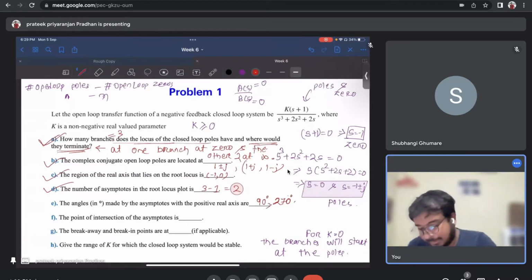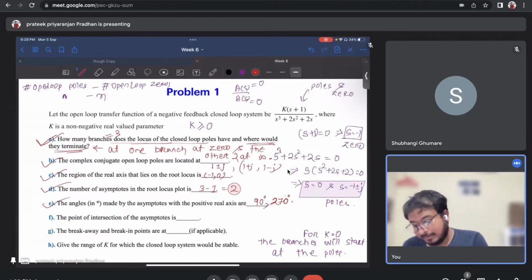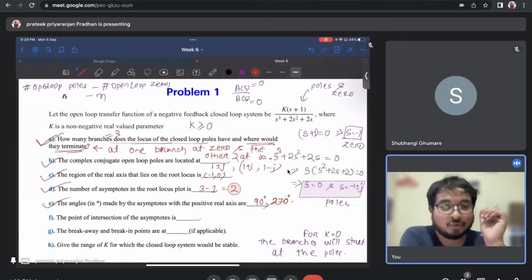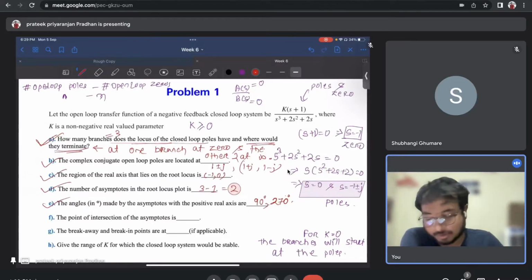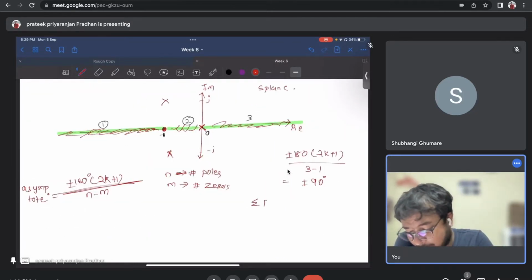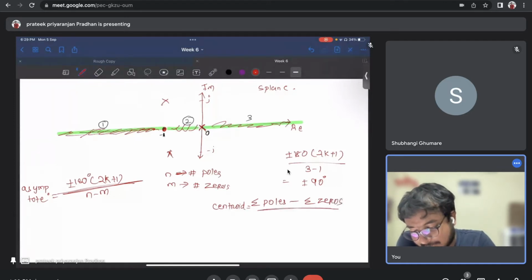Simple. Next question is the point of intersection of the asymptotes. The point of intersection of the asymptotes is also known as the centroid of the root locus. It has the general formula: the sum of poles minus the sum of zeros, whole divided by n minus m. What is the sum of poles here in our equation?